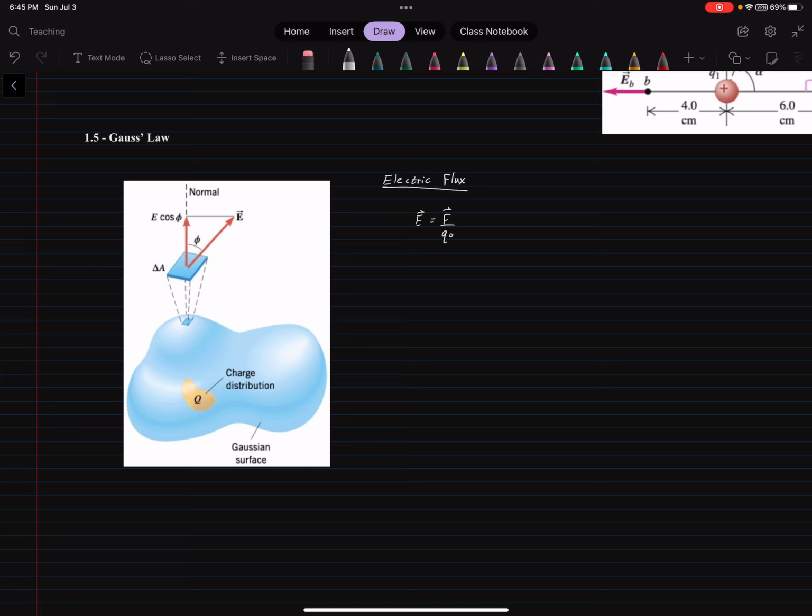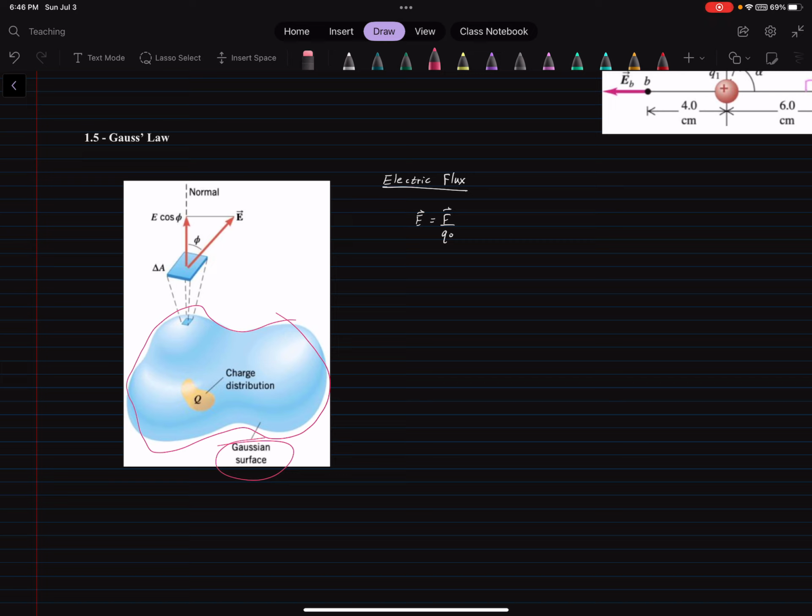You can have just some weird arbitrary surface, just like what you see here, as long as it fully encloses the collection of charges or charge distribution, and you know the electric field at all the points. So this imaginary surface on which you measured this electric field at every point, that's called a Gaussian surface.